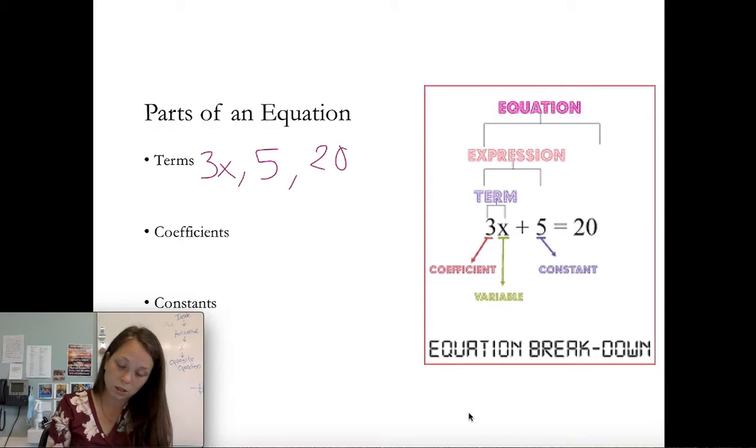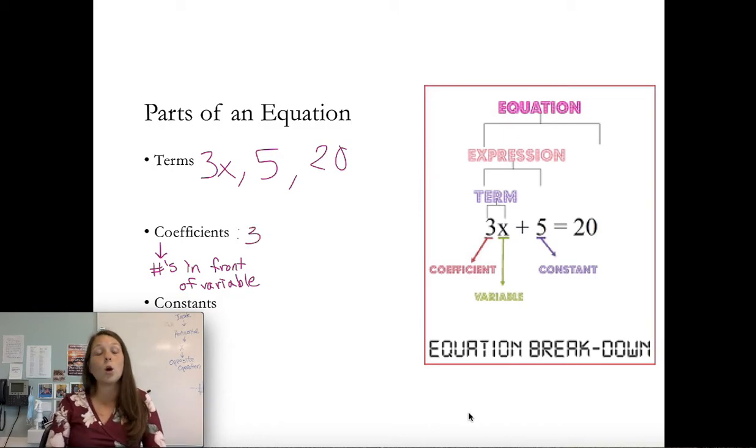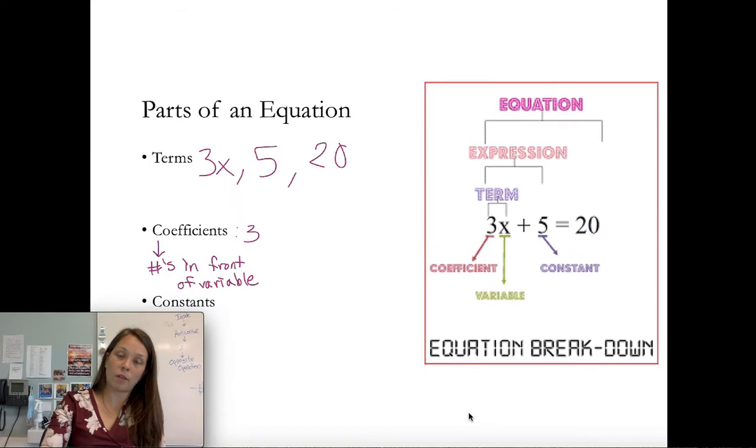Coefficients, those are the numbers in front of the variable. So our coefficients, we only have one here in this problem, and that's just the number 3. We don't need the variable with it because coefficient means we're looking just for the number value. And then we have constants.